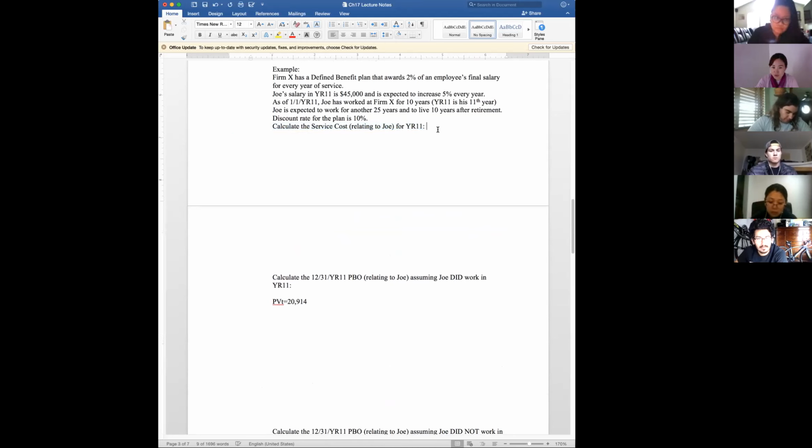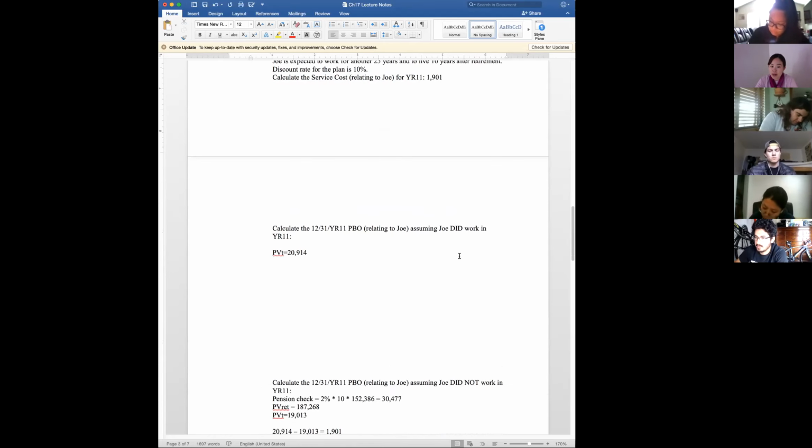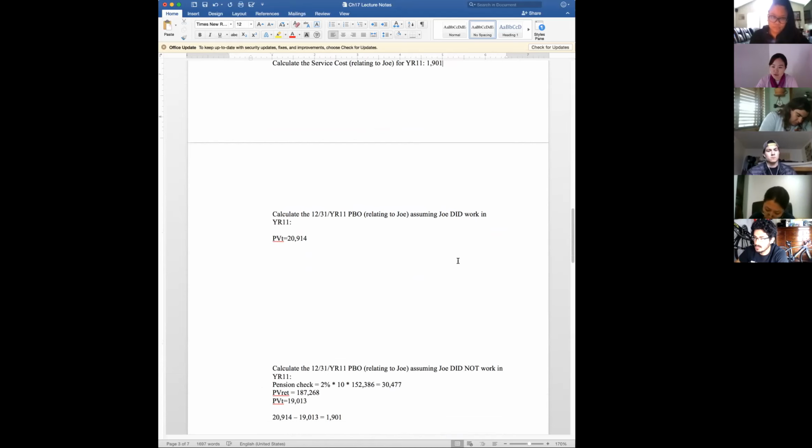The service cost over here was 1,901. So our PBO balance increases with the service cost, basically. Among other things, actually. That's one main part, but this problem here just illustrates that PBO increases with the service cost. That makes sense, right?